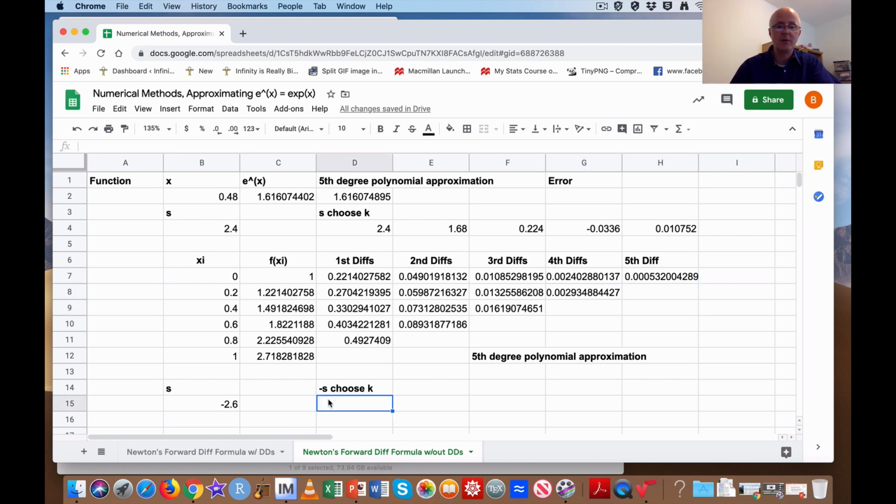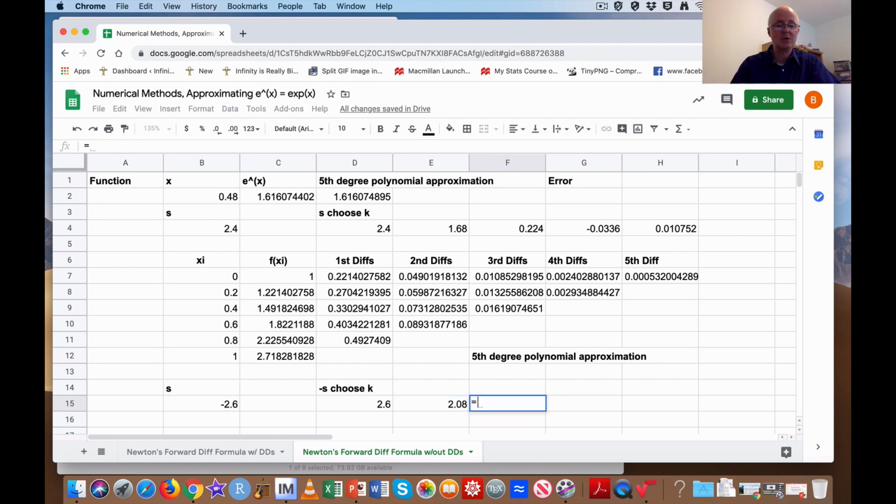All right, so first we want to do negative s choose 1. That'll be the same as negative s itself. So I type equals negative B15. And then negative s choose 2. That'll be negative B15 times negative B15 minus 1 divided by 2 factorial.